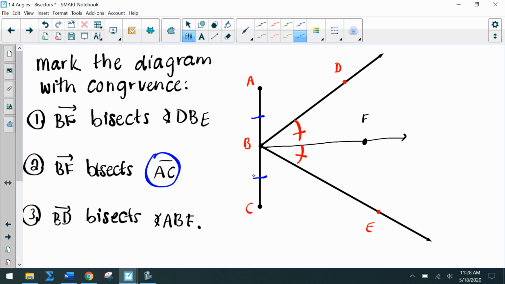Notice how we had an angle bisector for number one and a segment bisector for number two. And for the last one, ray BD bisects ABF, so I'm going to do two tick marks on those two angles to show that ABD and DBF are congruent to each other.